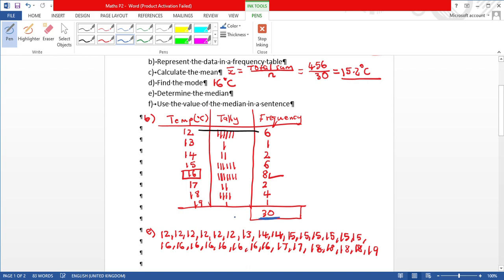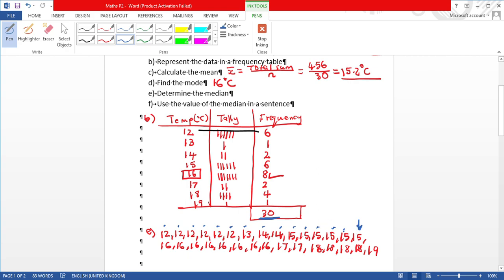It means now we're going to count to get to the midpoint 15 times into our data. From the left hand side, 1 2 3 4 5 6 7 8 9 10 11 12 13 14 15, right? So this is our 15th count.